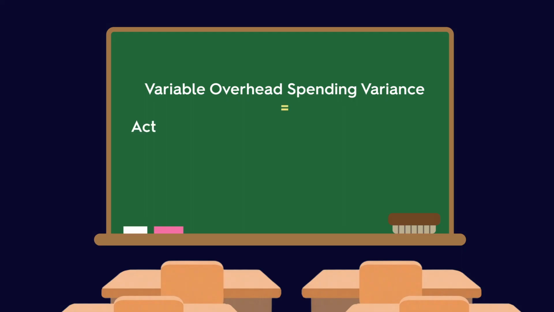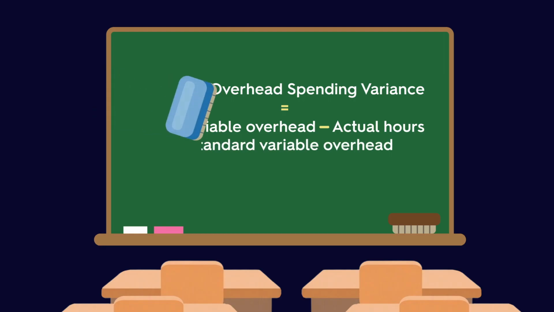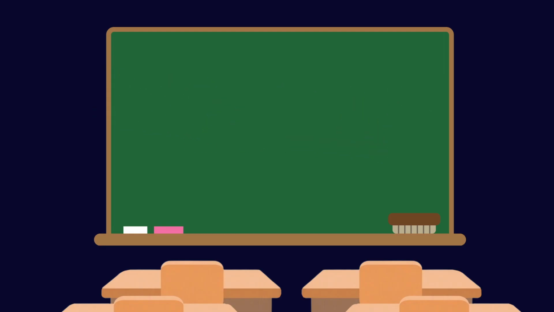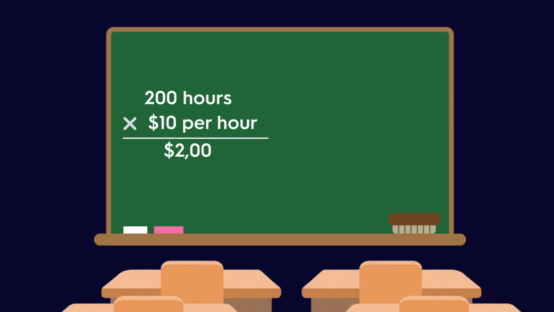The formula is actual variable overhead minus actual hours times the standard variable overhead rate. Using the example, actual hours are 200 and the standard overhead rate is $10 per hour. That gives an expected amount of $2,000 for the hours actually worked.